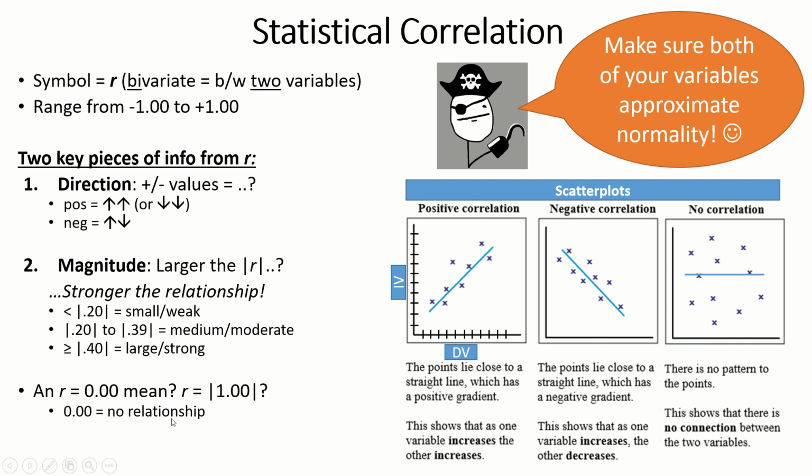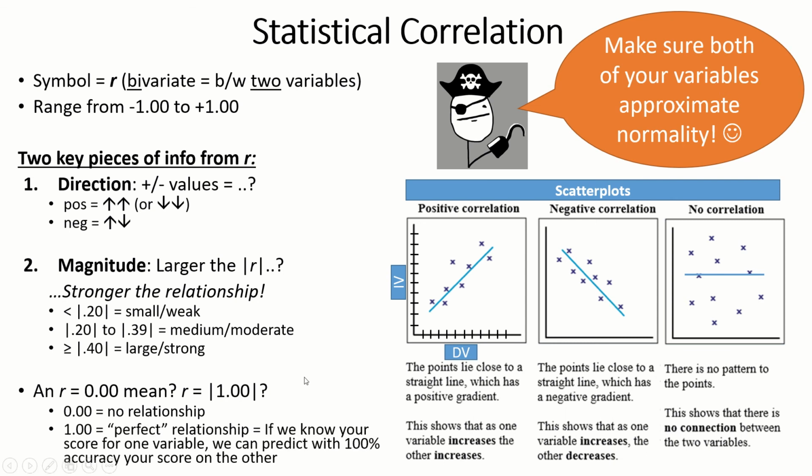So that's no relationship. An R value of 1 would be a perfect relationship, meaning that if we know your score for one variable, we can predict with 100% accuracy your score on the other. So if we know your score on the IV, we can perfectly predict where you score on the DV. If you're thinking you've heard this before, we had a similar conversation about partial eta squared, the effect size for a main effect or a simple effect in ANOVA.